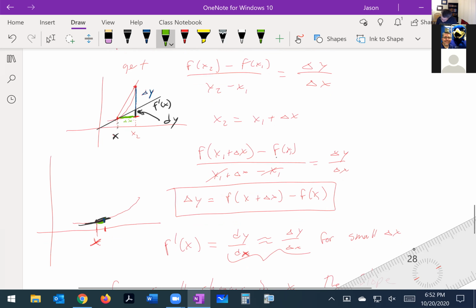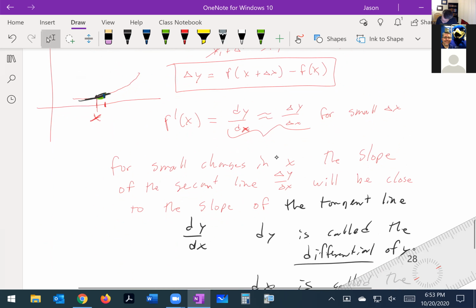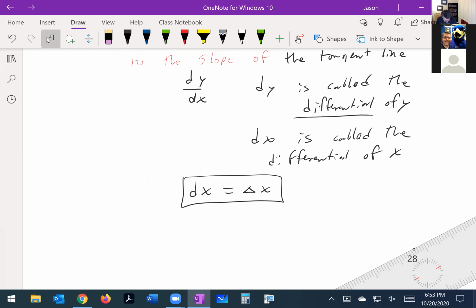And so what we can say based on this is that f prime of x, which is equal to dy dx, we would say is approximately delta y over delta x.